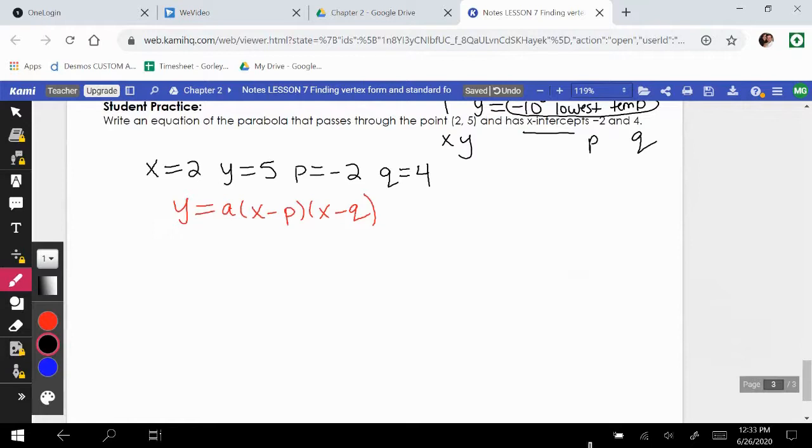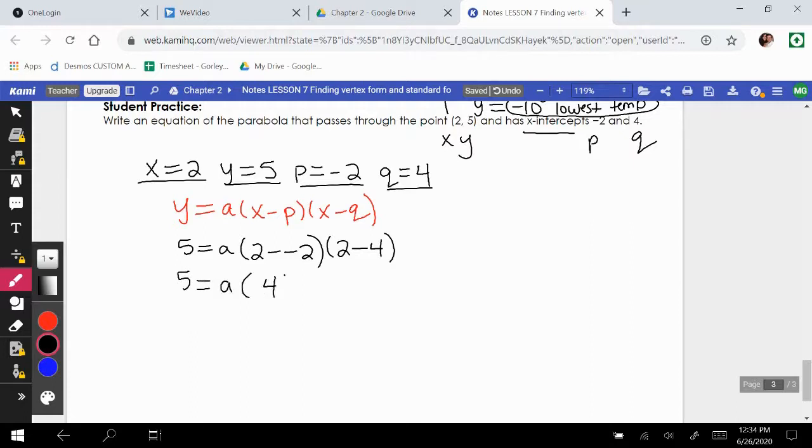So we'll have 5 equals a times (2 minus p), p is negative 2, so be careful with your signs here. We just have 2 minus a negative 2. x again is 2, and q is 4. So we'll get 5 equals a times 4 times negative 2.